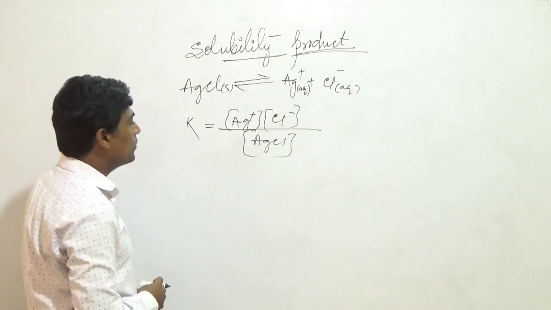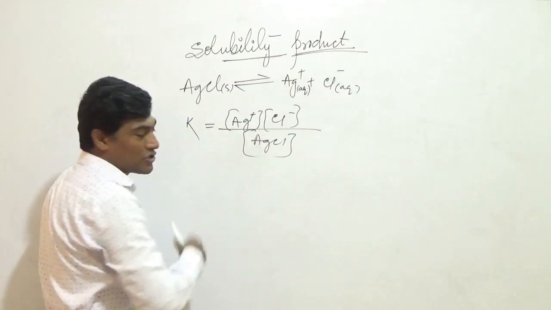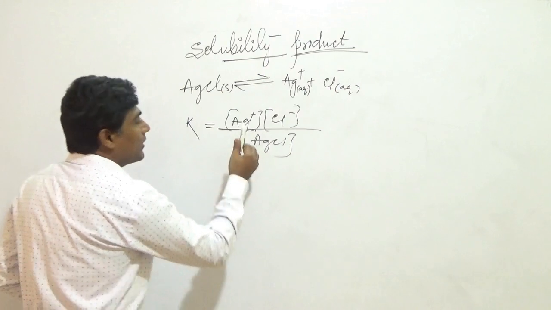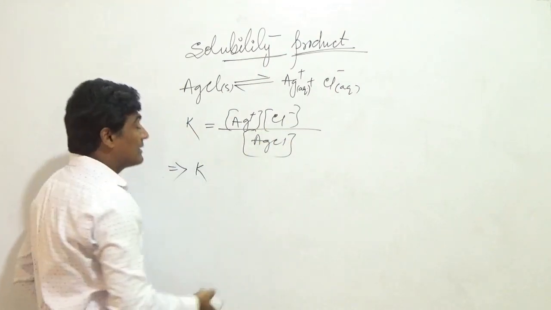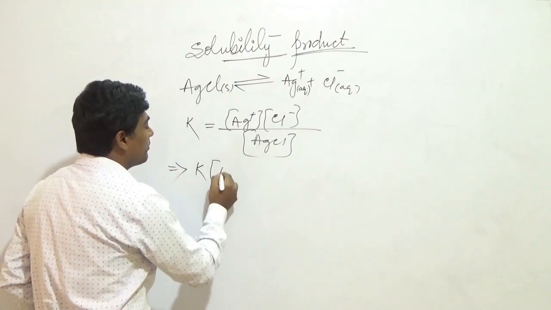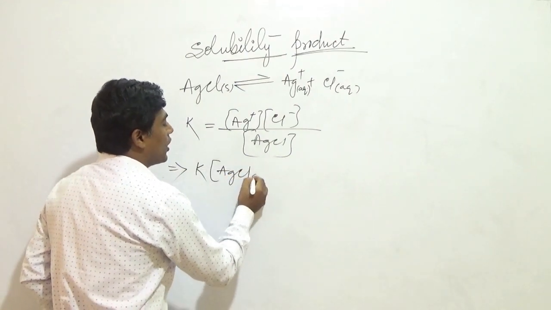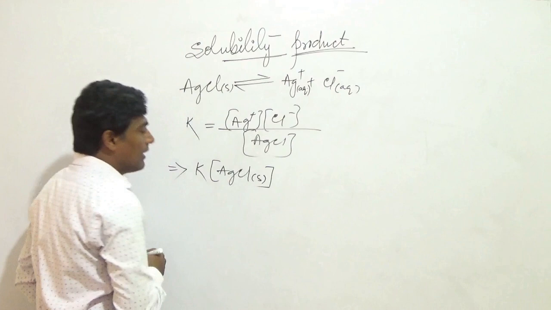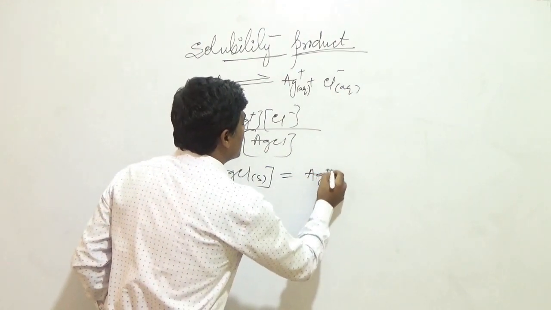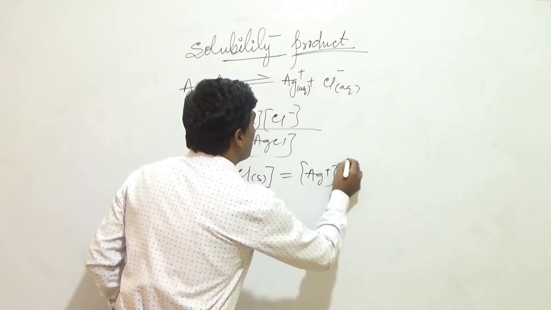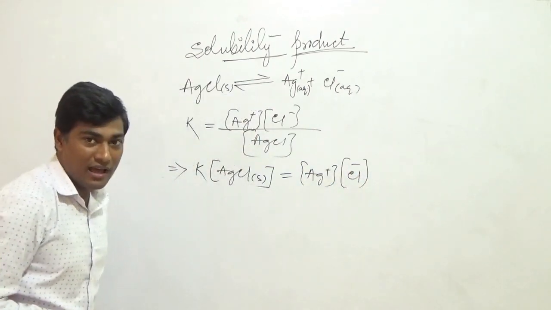Okay. So since this is a constant, we can develop this equation in this way: the equilibrium constant multiplied by the undissociated silver chloride gives the Ag plus concentration times the Cl minus concentration. Are you getting me now?